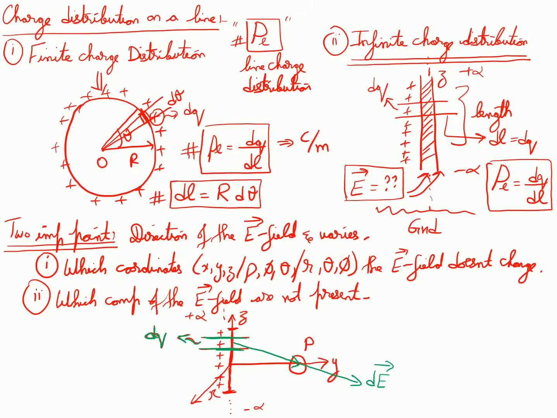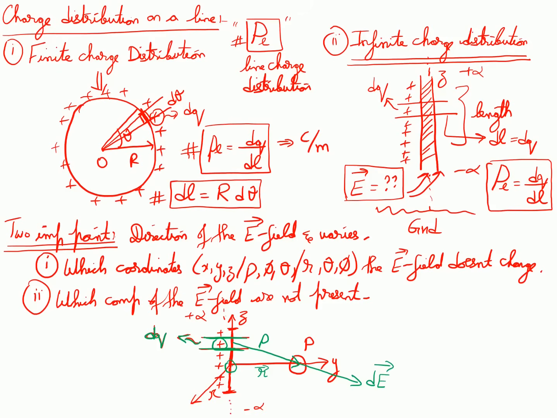Let us populate it with the remaining elements. Let us say from the origin to point P, the horizontal distance or position vector is r. From the charge we have selected along the z-axis, the distance to point P is r dash, or we can also represent it as rho, because this is a cylindrical coordinate system, so we need to define the axes according to the shape of the line, which is cylindrical.